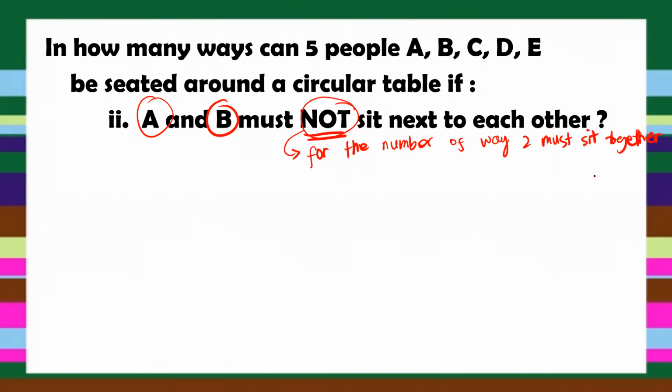Ang gagawin natin ditong technique is that bibilangin muna natin yung number of ways they can arrange or they can sit around the table, including all of them. Lahat sila. Yun yung una natin gagawin. Second step is to subtract from that yung number of ways to must sit together.